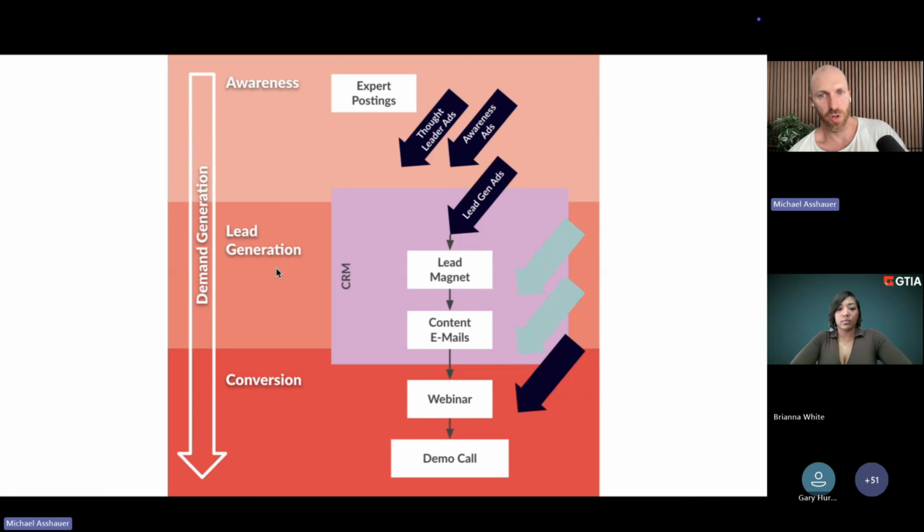Here in the lead generation phase, we take the reach and the visibility, and as said before, also the retargeting audience that the algorithm already collected for us, all the people out of your target group that already read your expert postings, that read your thought leader ads, and then we go for lead generation ads, which now come from the company profile.